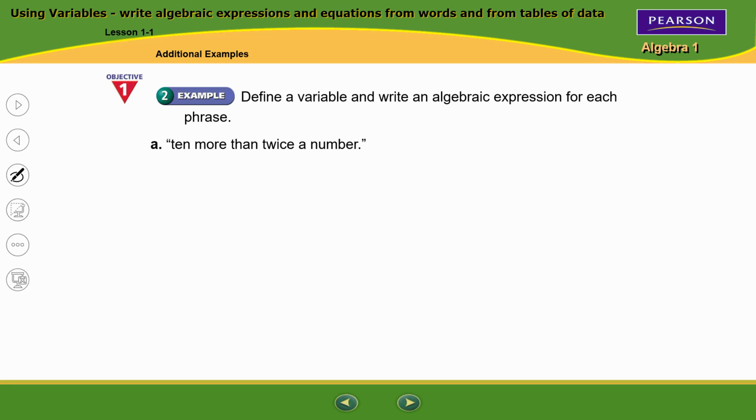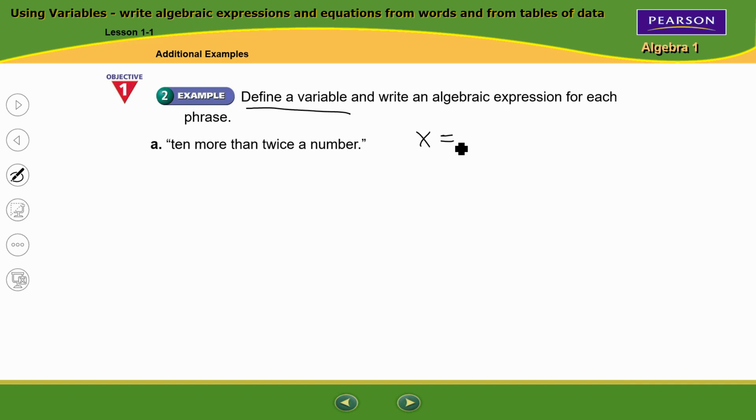Problem 2, define a variable and write an algebraic expression for each phrase. 10 more than twice a number. So we have to define a variable. That looks like this: X equals the number. It doesn't have to be X, it could be any letter you want.